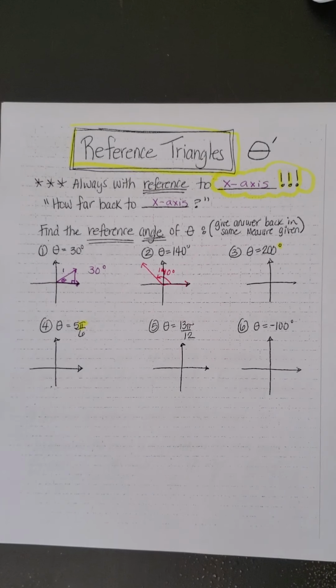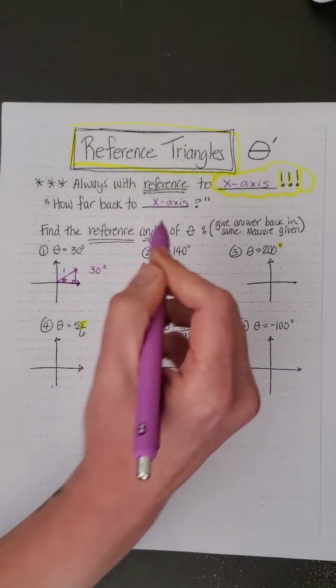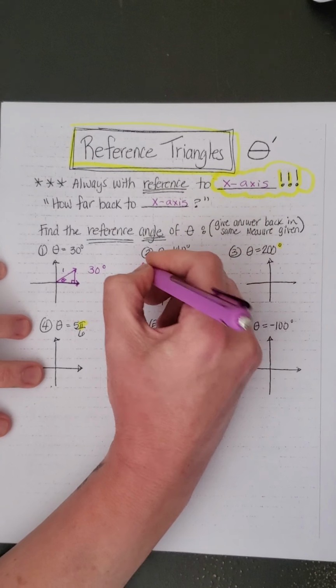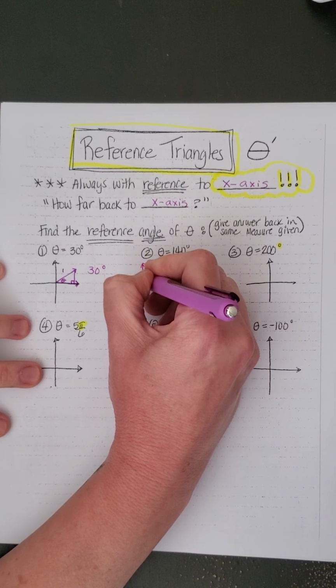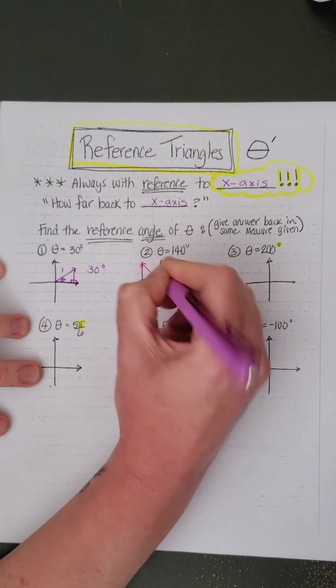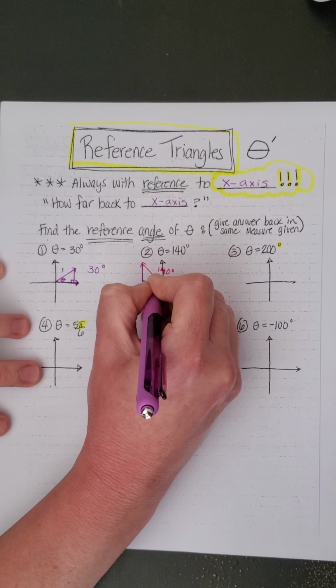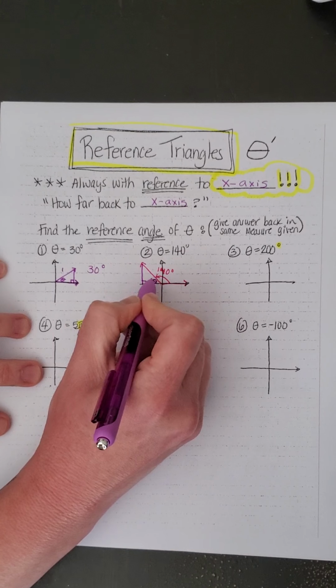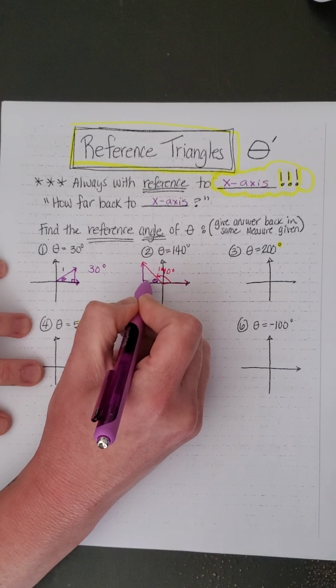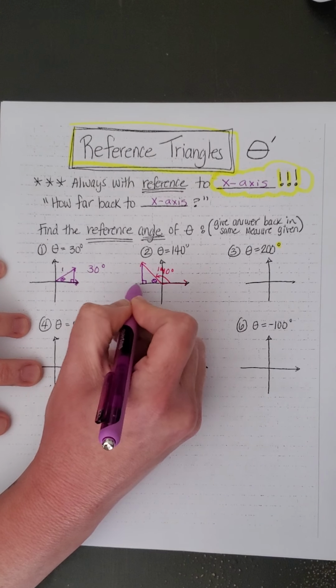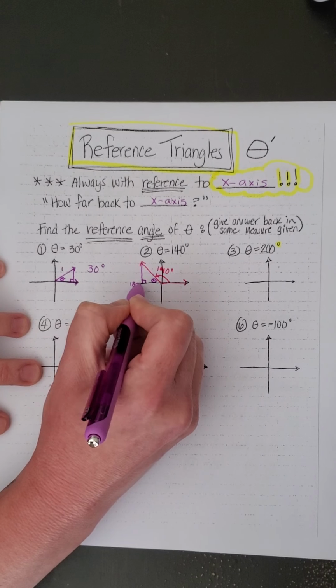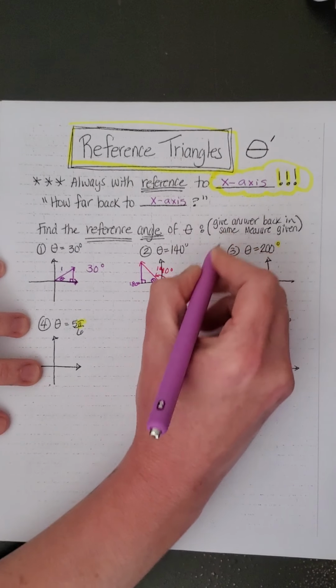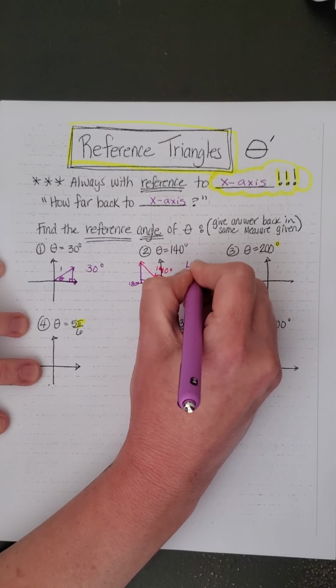But when I draw a reference triangle, I always refer to the x-axis. So I would drop down to the x-axis, and I would be using this angle right here. And so if this is 140, then to get to 180 degrees, the distance from 140 to 180 would be 40 degrees.